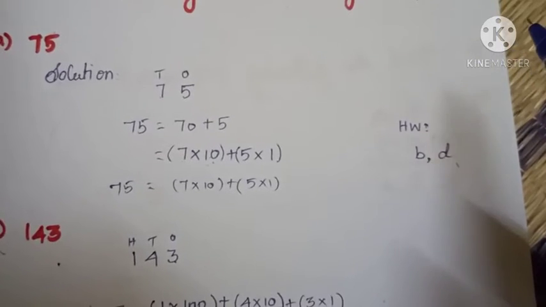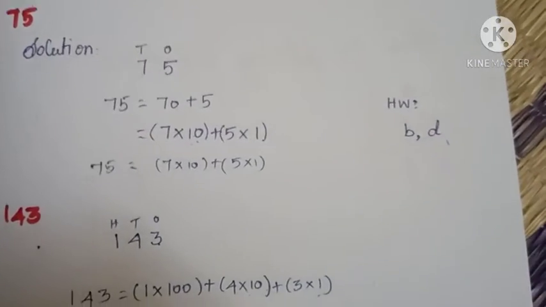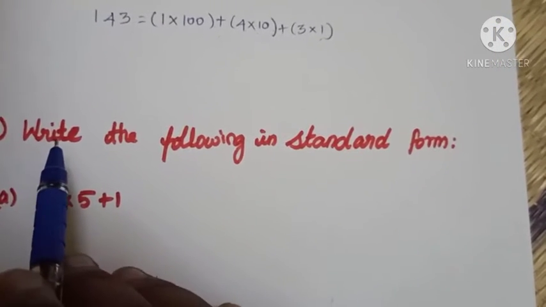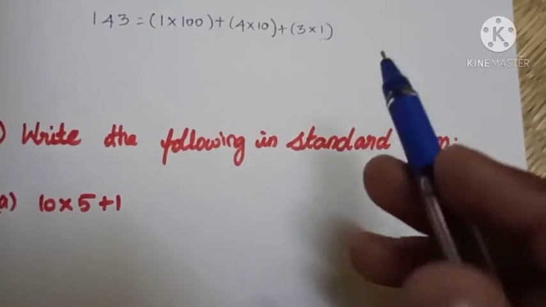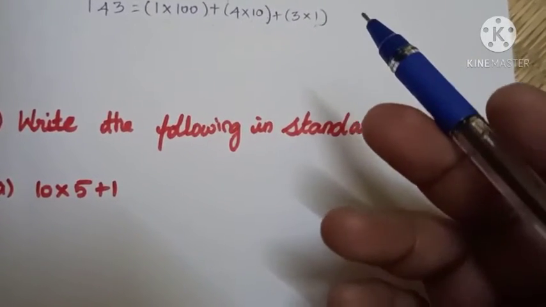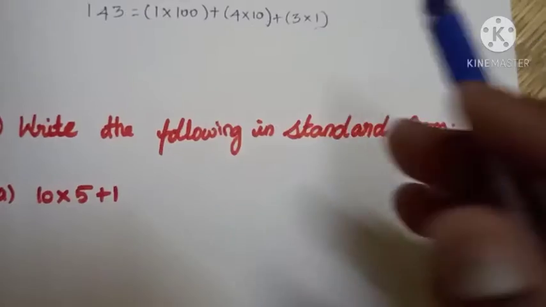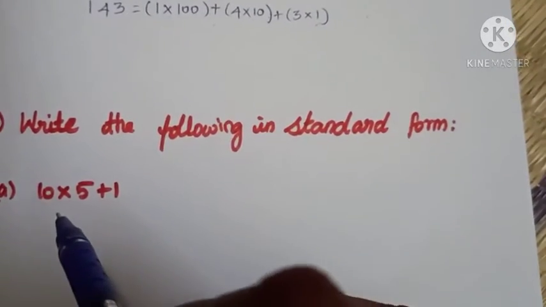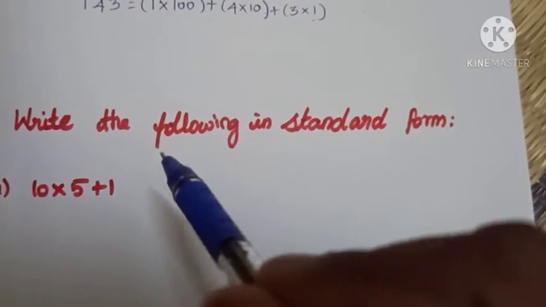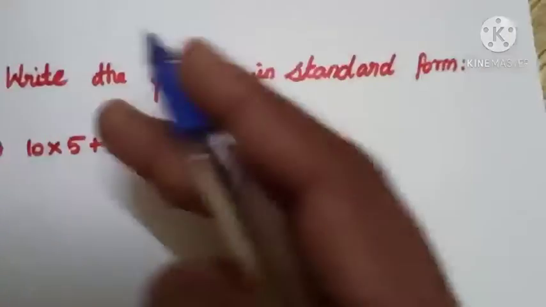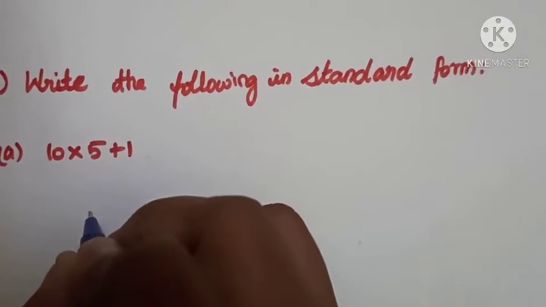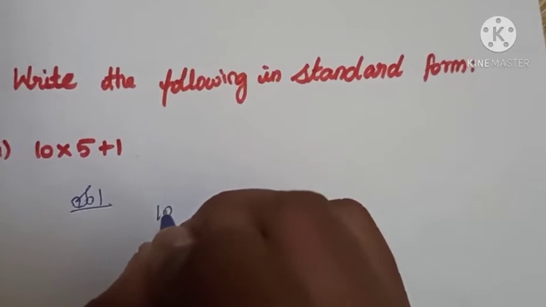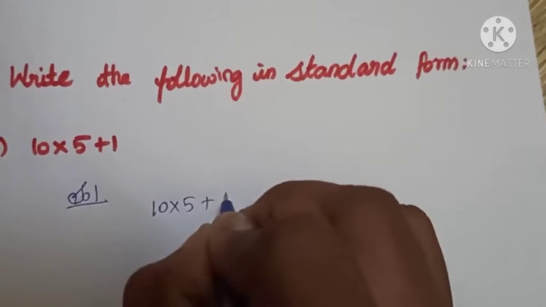So next we move on to question number 2, second main. Second main is nothing but write the following in standard form. Previously we wrote standard form to general form. Now the question is given in general form, and we need to convert it to standard form. So now we write the question: 10 into 5 plus 1.